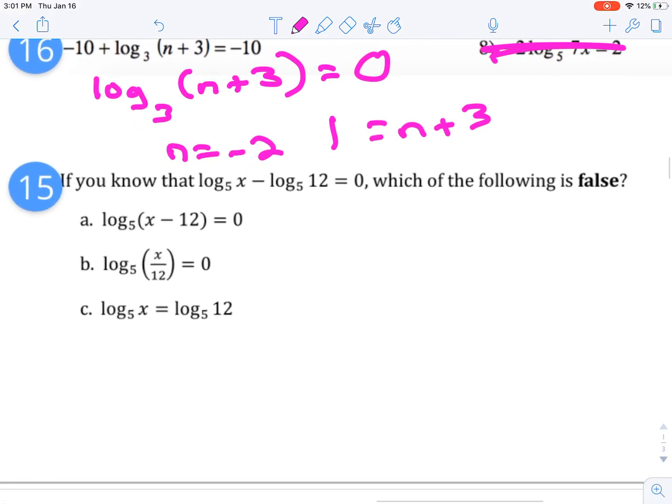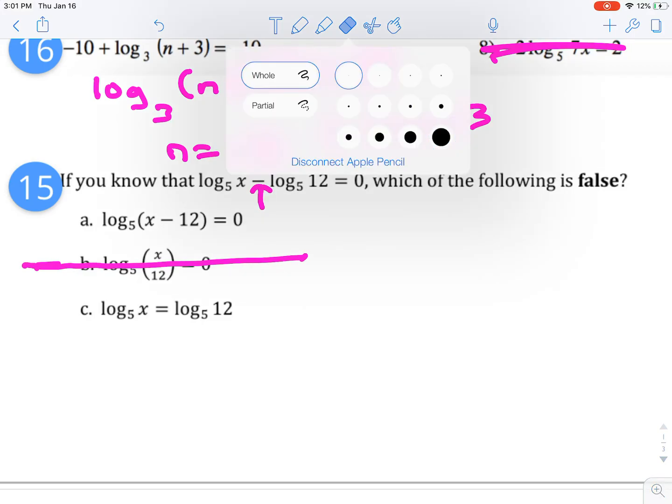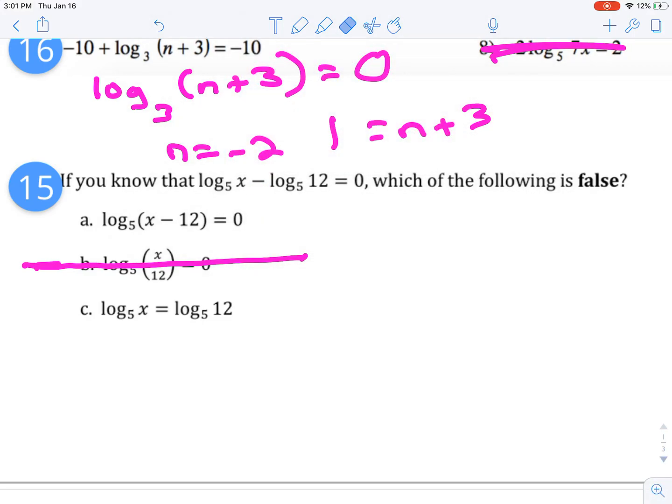15. If you know this, which of the following is false? Remember in logarithm land that subtraction is actually division. So this one here is okay. Now I start looking at the rest of it a little bit closer. And I can tell that this one here is okay because what happened was here log 512 got added to both sides, which gave you this.